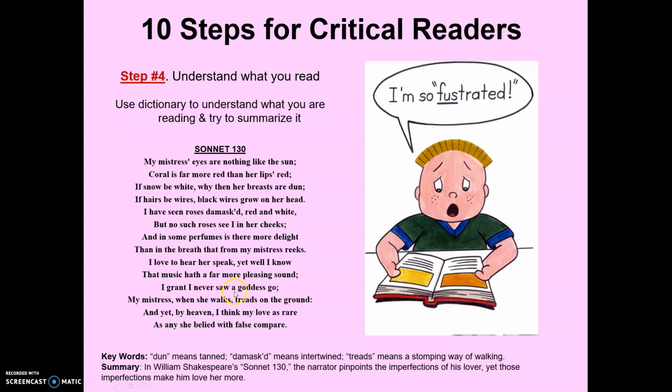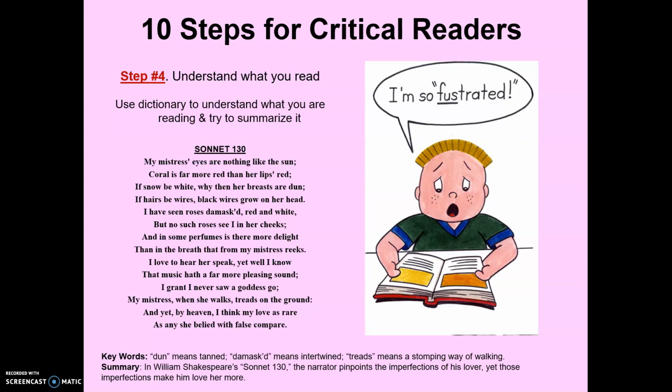And ultimately, this leads to my summary that William Shakespeare is trying to pinpoint his mistress's imperfections, but at the same time, he's trying to tell her that he loves her despite her imperfections, but also because of her imperfections.